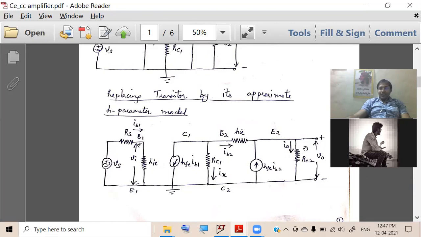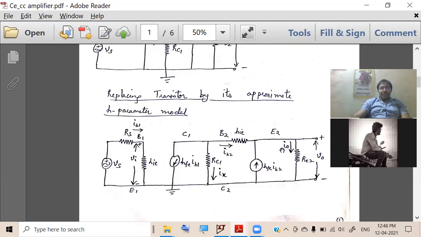From this circuit, V0 is I0 into RE2. Applying KCL here, I0 is IB2 plus HFE IB2. This also we saw in yesterday's class. VS will be in terms of IB1.